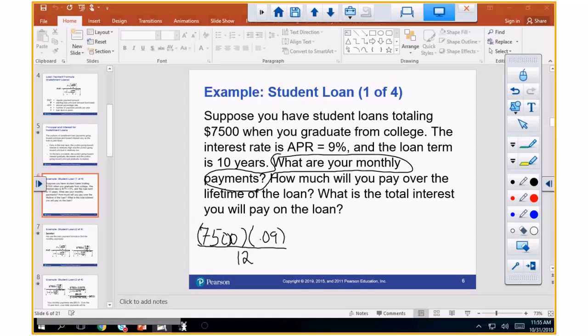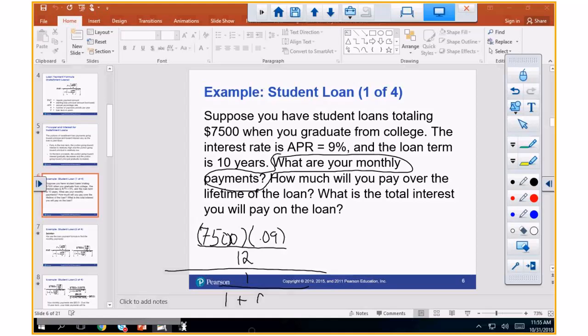So N, most of the time, is going to be 12. Okay? Now, what is that over? It's over 1 over what? What did I tell you to put it over? Is it 1 minus or 1 plus? No, it's 1 minus, isn't it? So it looks like it's 1 minus.